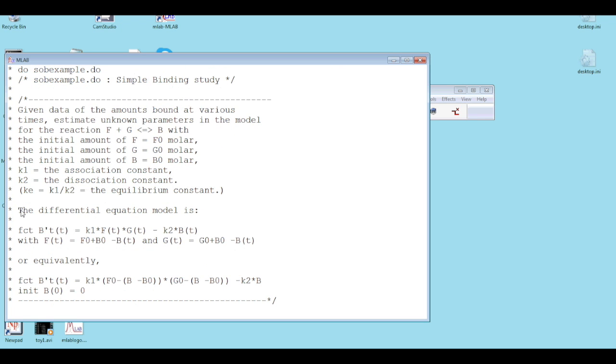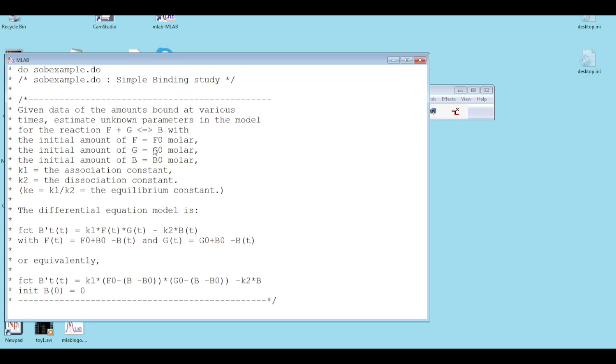There we are. And if we look at this, I'll use my mouse as a pointer. All we're saying is that we're given data of the amounts bound, that's B, measured at different times when we have the chemical reaction F, some ligand, binding to G, some other material, some site molecule, let's say, where we have F0 moles per liter, i.e. molar units, of the F material, and we have G0 molar units of the G material.